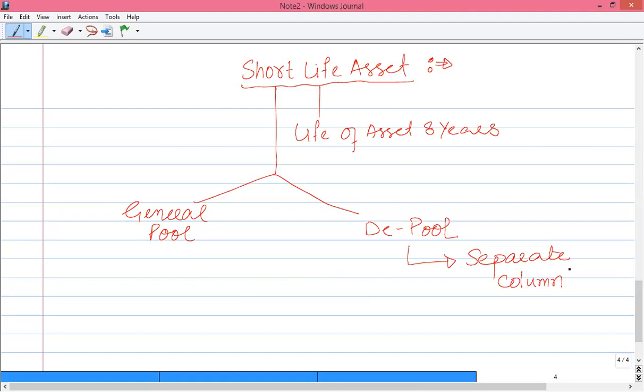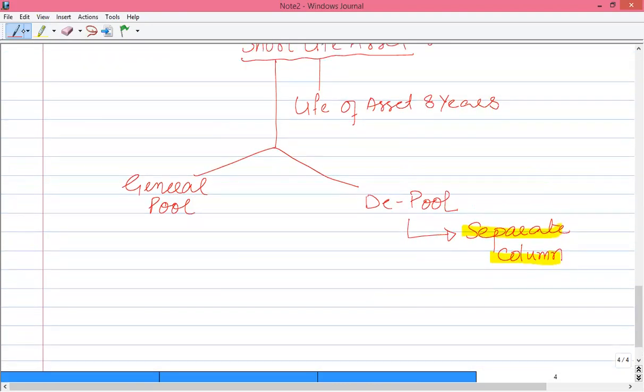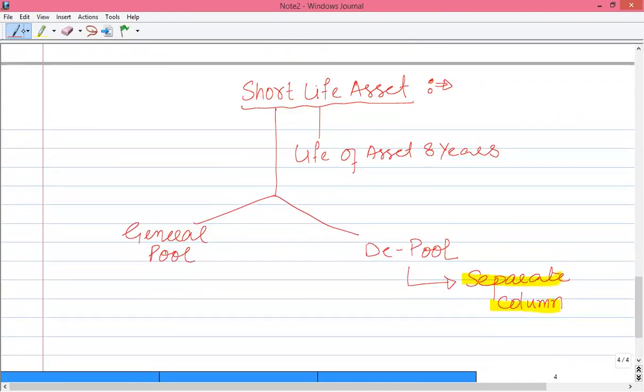If the life is more than 8 years, or the expectation is that the life will be more than 8 years, then you cannot claim short life election. The benefit of a separate column is that in case of disposal, you can get your balancing allowance or balancing charge earlier than in a general pool or special pool item.